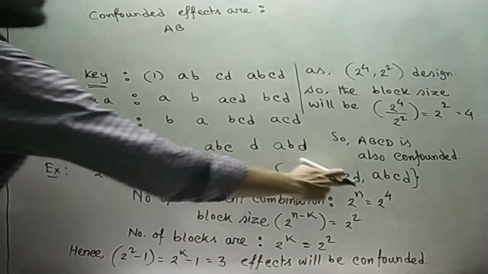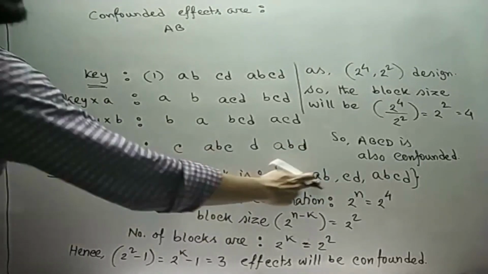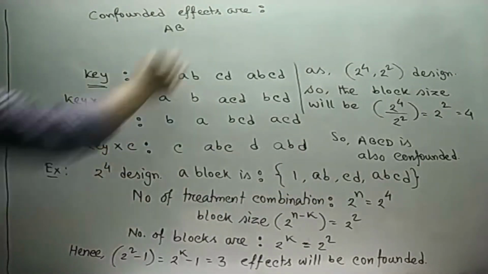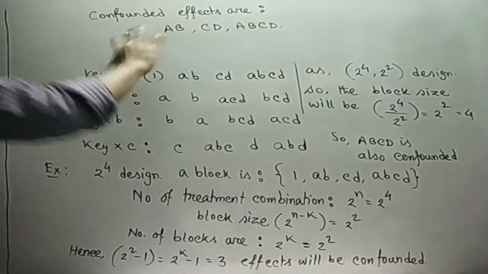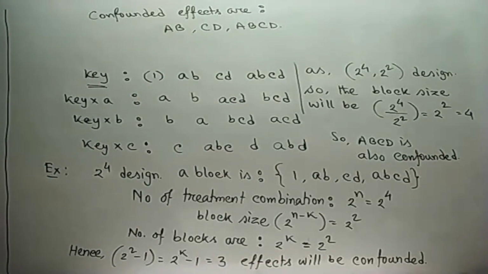With 1 and CD it has no common member, and AB and ABCD it has an even number of common members. Then CD and ABCD. So these are basically the 3 confounded effects. Okay, now let's go to another problem.